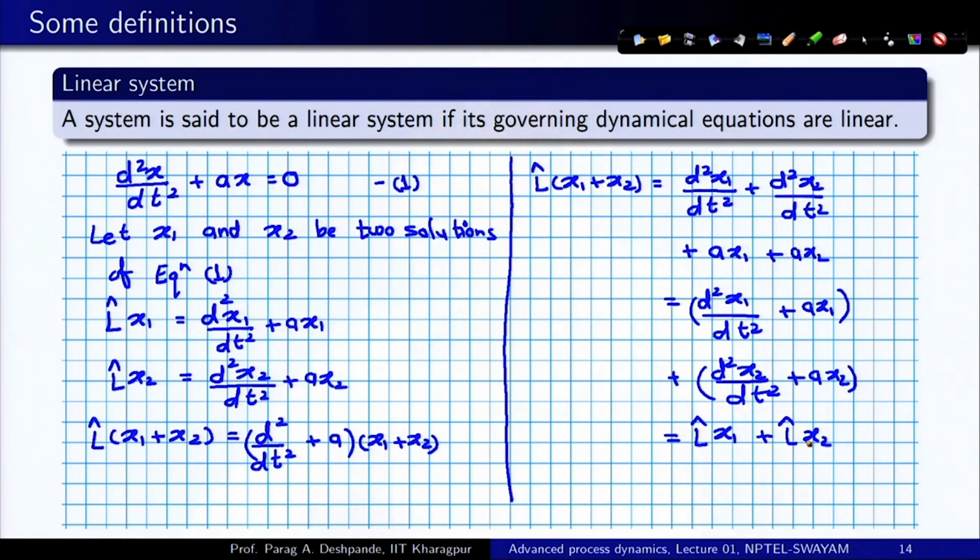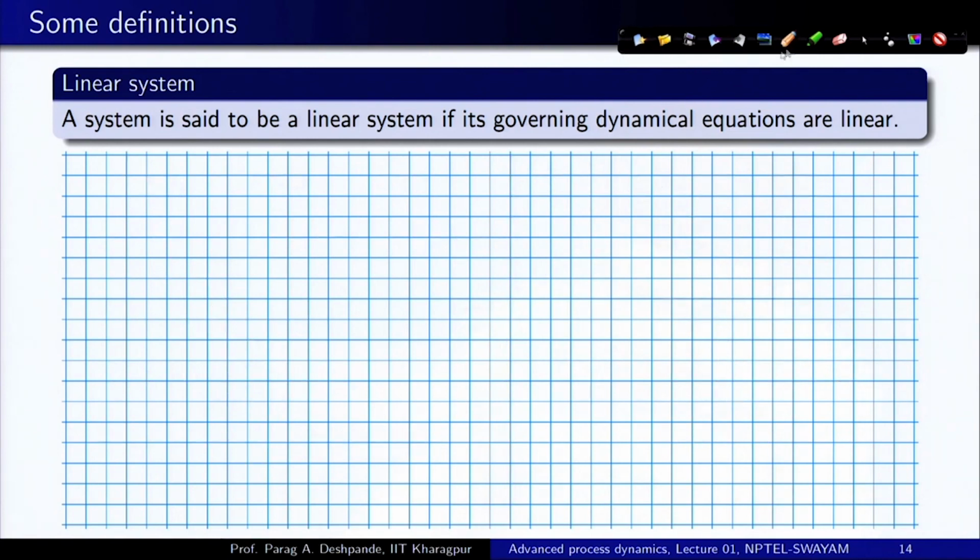So, my first property of linearity is indeed satisfied. Let us go and look into the second property. My equation is d2x by dt squared plus a x is equal to 0, and my operator is d2 by dt squared plus a.